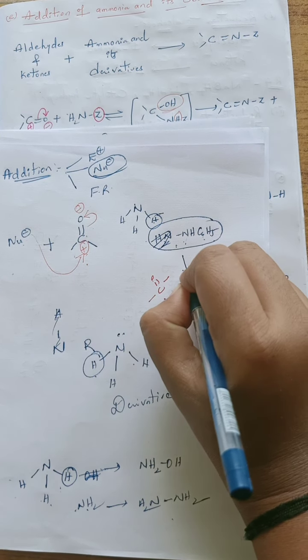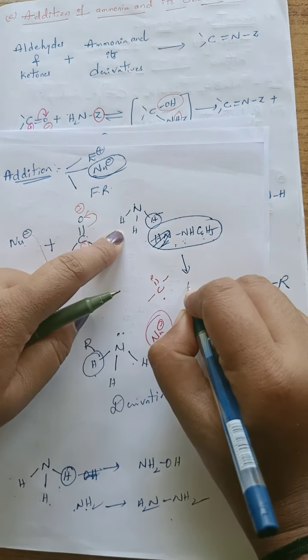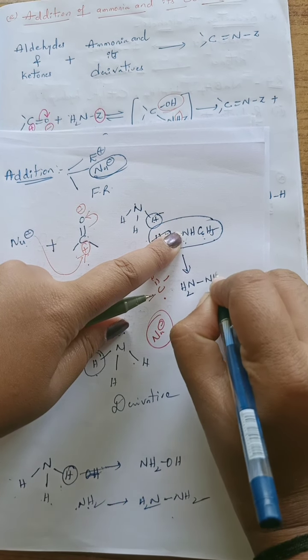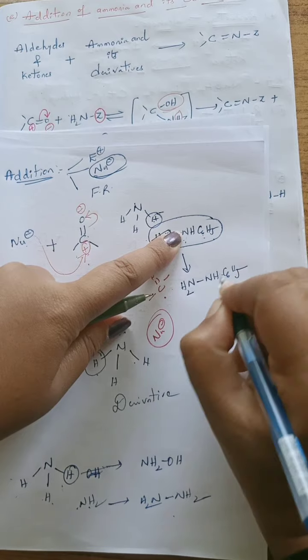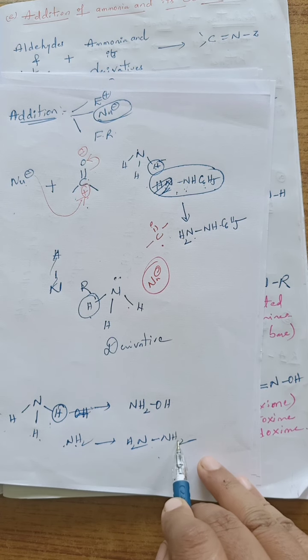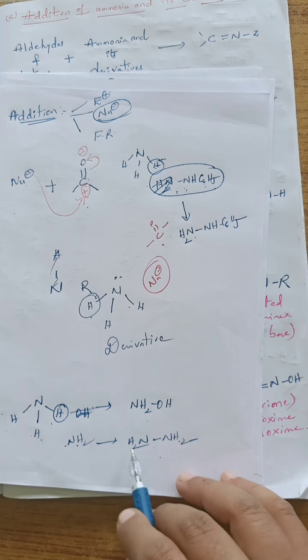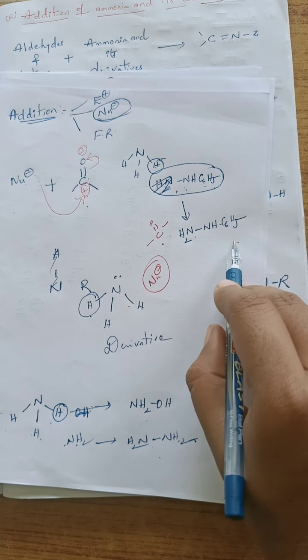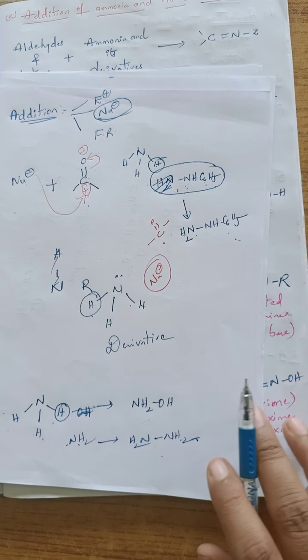It gives a compound in which two hydrogens are present on this nitrogen, that I have written here, and the bond to NHC6H5. This is called phenyl hydrazine. If NH2-NH2 is present, that is called hydrazine. On this hydrazine, if one of the hydrogens is replaced by C6H5, that is known as phenyl hydrazine.